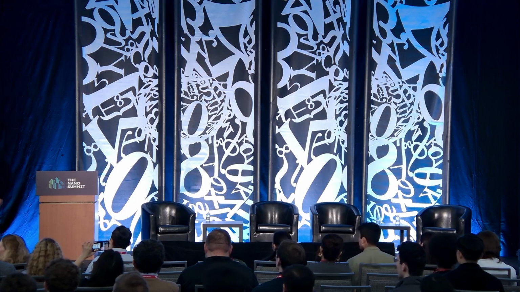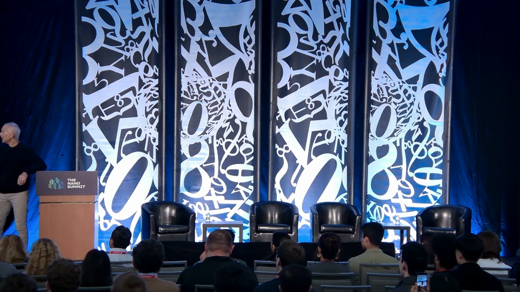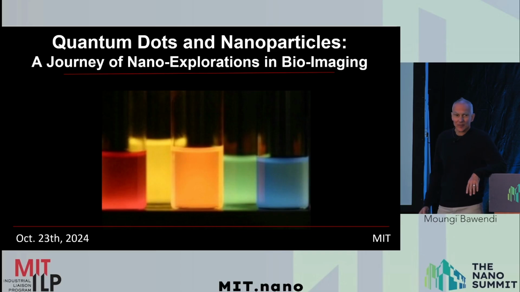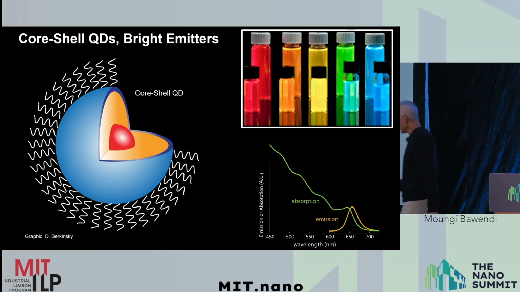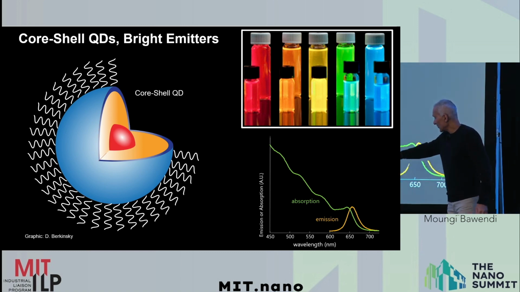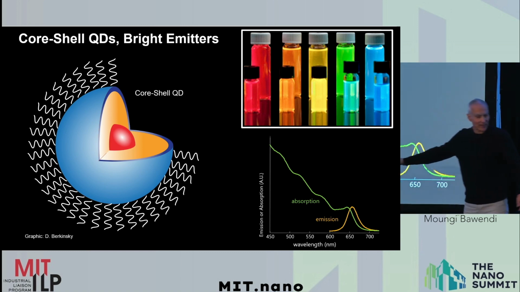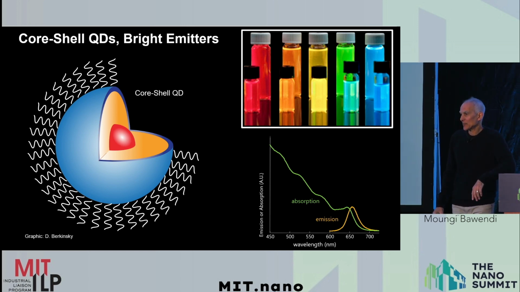Well, thank you, Sangeeta, and I'm really delighted to be here. I'm going to tell you about this journey, starting in the mid-1990s, when the field discovered that we could make really bright quantum dots, multiple colors with an absorption that was continuous into the visible, and especially at 465 nanometers, which is where the blue gallium nitride diodes had just been invented.